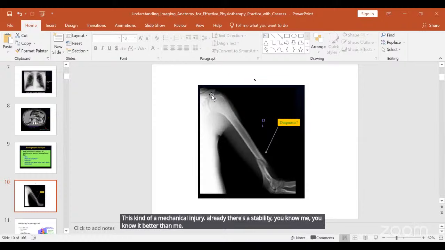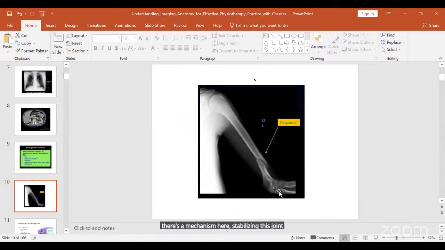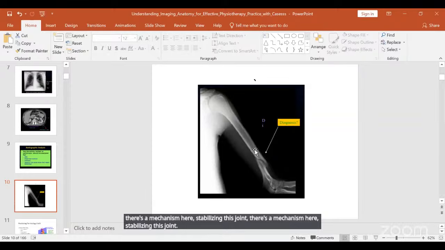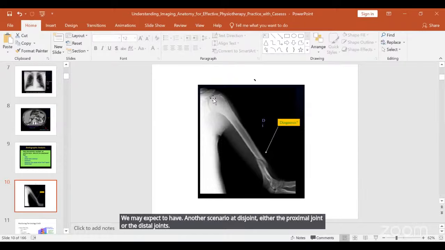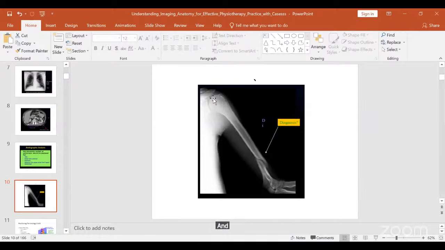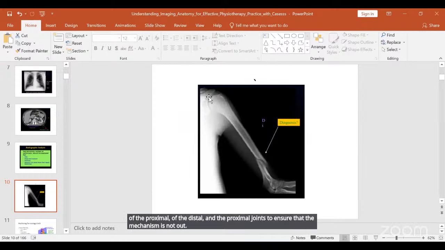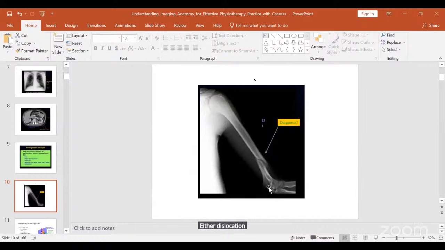There's a mechanism stabilizing each joint. So for anything that can cause this impact and make the bone break, we may expect another scenario at the proximal joint or the distal joint. Please maintain a close assessment of both joints to ensure the mechanism is not altered, for example by dislocation.